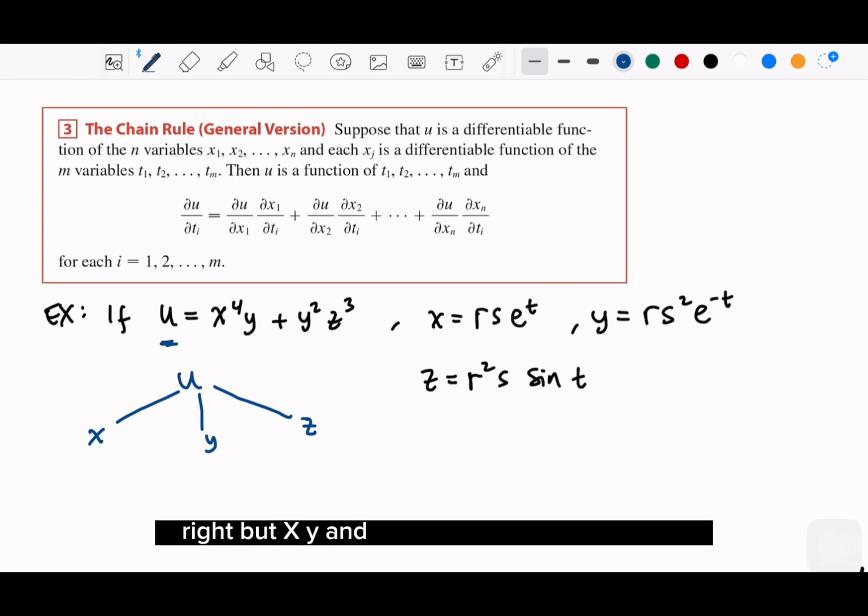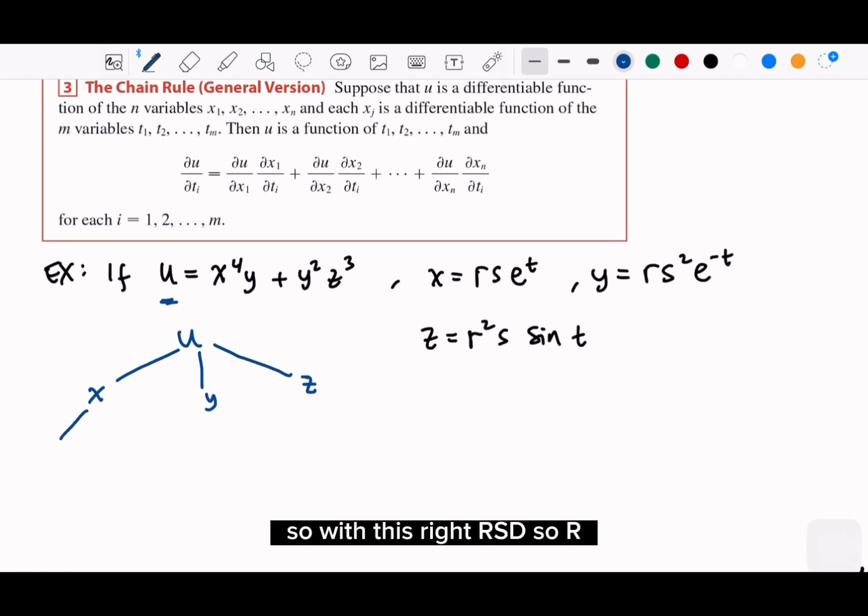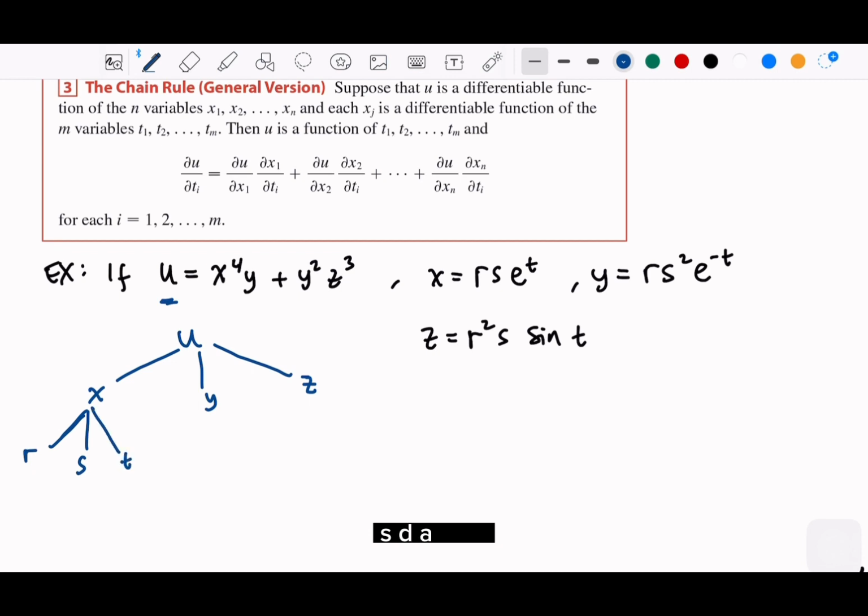But x, y, and z also relate to r, s, t. So we'll just write r, s, t under each.